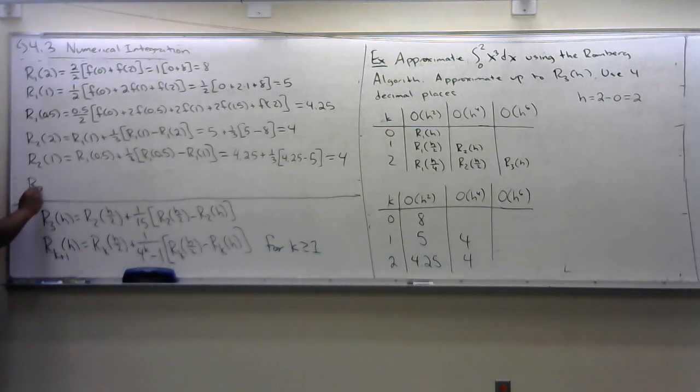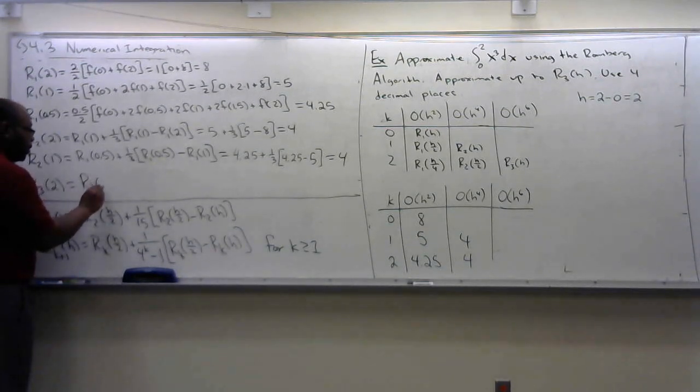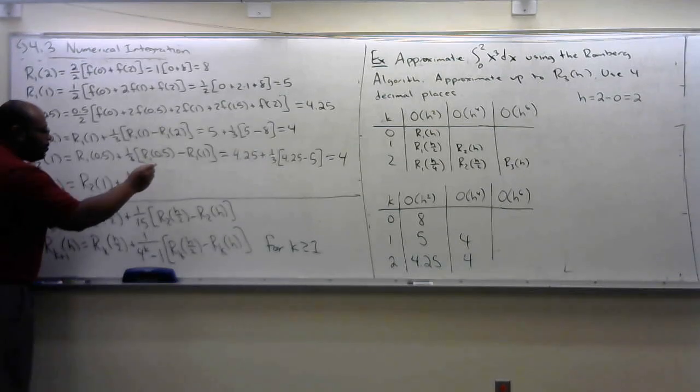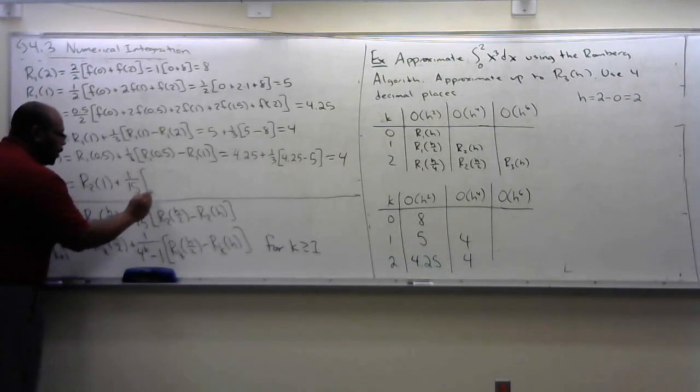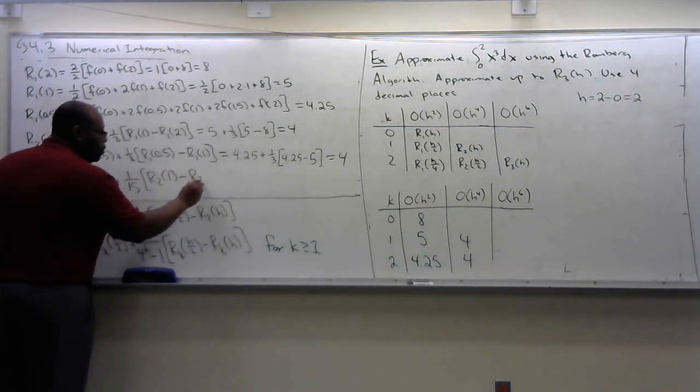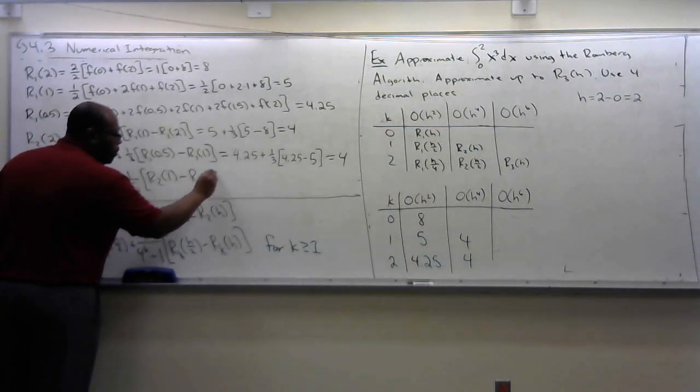R sub 3 of h, which is 2 in this case, is equal to R sub 2 of 1 plus 1 over 15 times the quantity R sub 2 of 1 minus R sub 2 of 2.